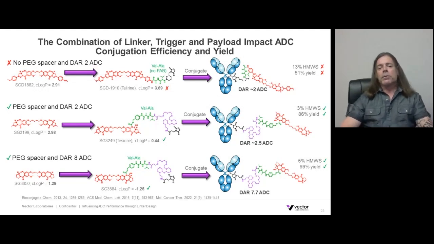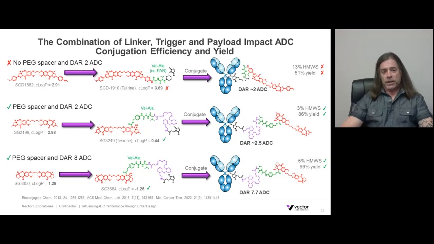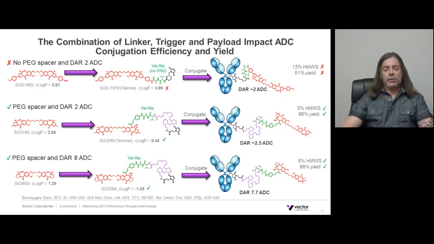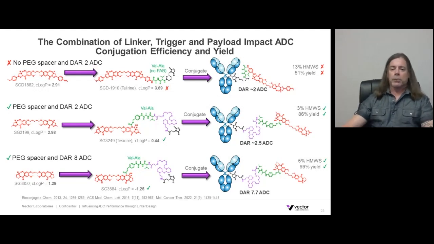In the example in the middle, now a PEG-8 spacer has been incorporated into the linker payload design. The payload is shown over there on the left. It has a C-log-P of 2.98. The structure has been manipulated a little bit compared to the above example, but hydrophobicity has not changed much. Over to the right, they have put the Val-Ala trigger, the PEG-8 spacer, and the maleimide reactive group on.